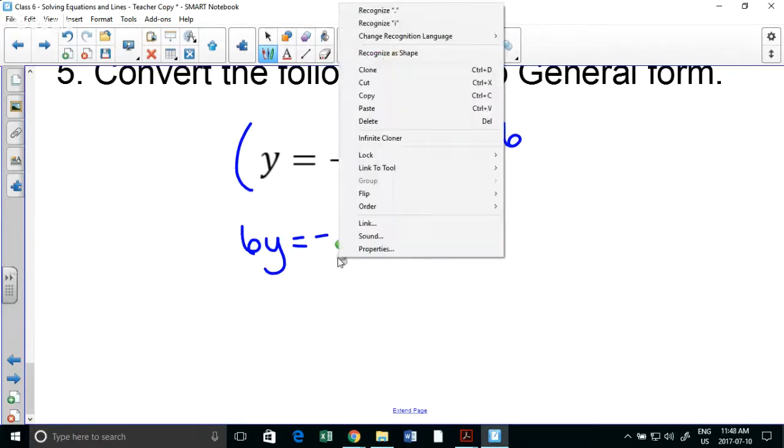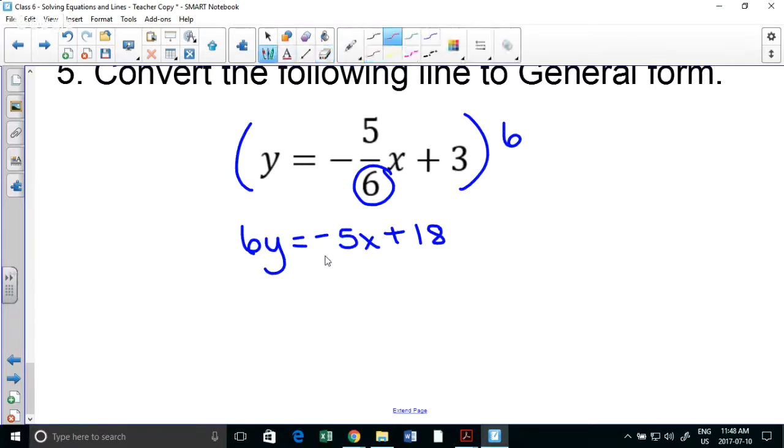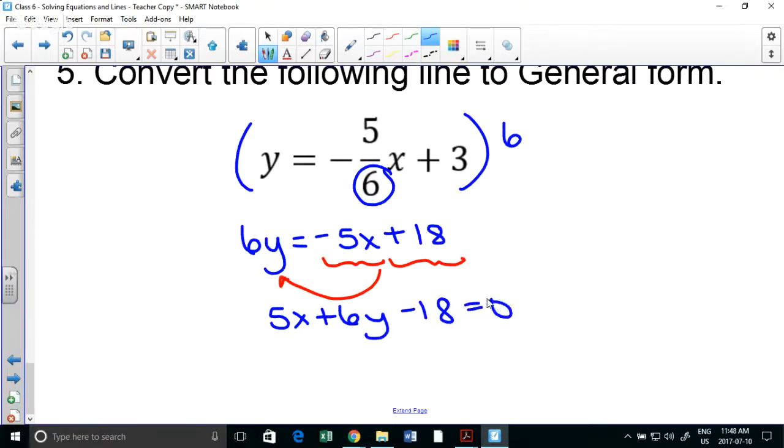Again, you want one side to be 0, but you also want your A to be positive. As of right now, A is negative. So what this means is you want this stuff to go to this side, both of it. So you end up with 5x plus 6y minus 18 equals 0, and this is general form.